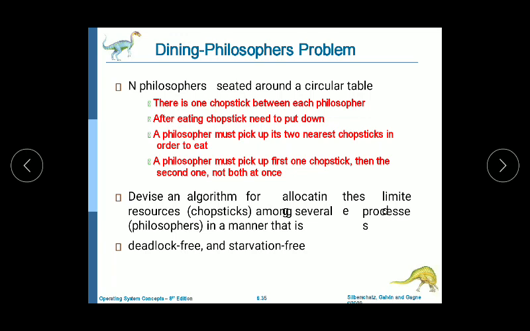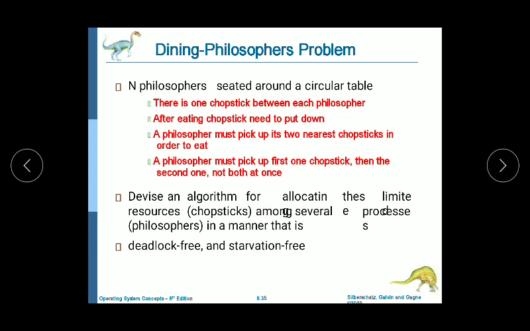In this situation, the chopsticks are equivalent to resources and philosophers are equivalent to processes. As we all know, a process requires resources to execute. Here, a philosopher requires chopsticks to eat.